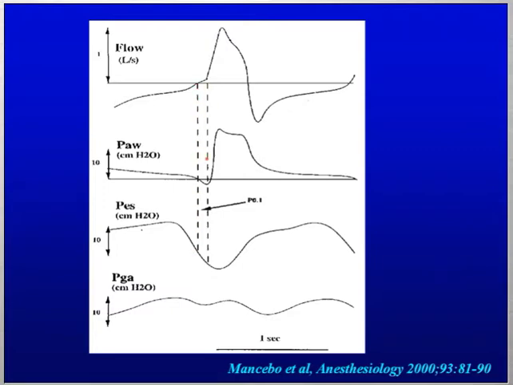These two dashed lines indicate the time during which the trigger of the ventilator can be activated. It can be because there is a small negative pressure drop or there is a small increase in flow. Before that, the ventilator, even if it's excellent, cannot detect anything.